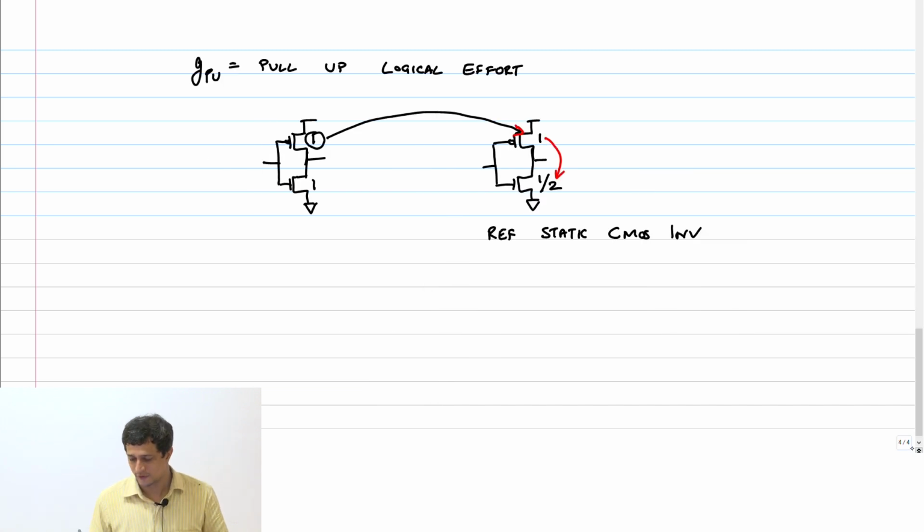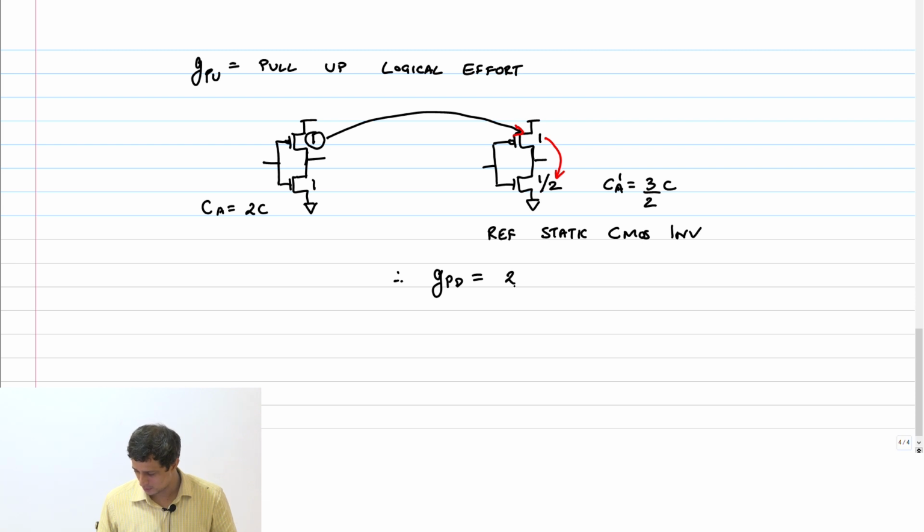Okay. Now if this is 1, so what is the capacitance? CA is how much? This is still 2C. What's the capacitance here? CA prime. 3 by 2 C. Therefore, G pull down is how much? It's basically 2 by 3 by 2, 4 by 3.